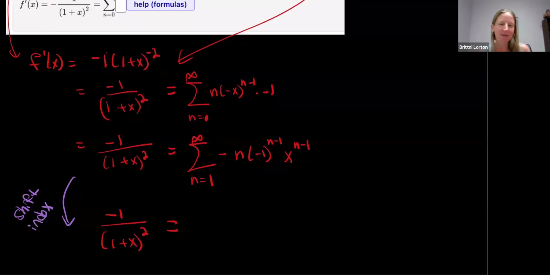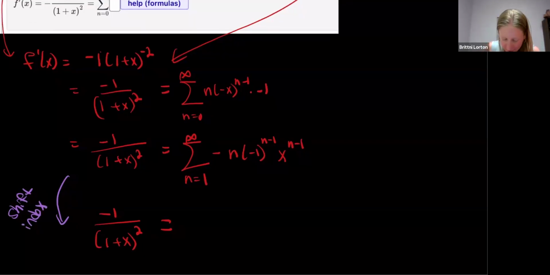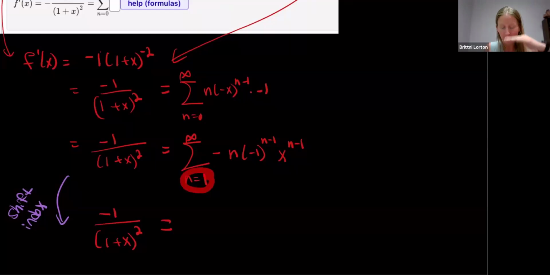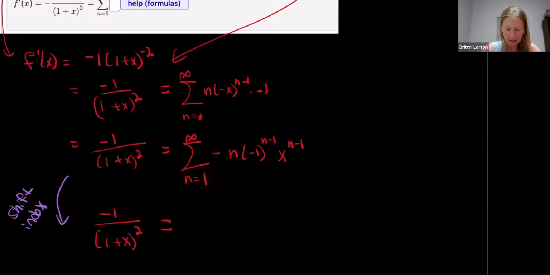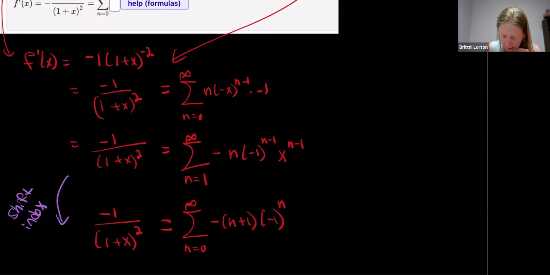Okay, and to do that, if your index is going to go down by 1, then everything else needs to go up by 1 to keep that balanced. So this will become the sum from n equals 0 to infinity of negative n plus 1, negative 1 to the n, and then x to the n.